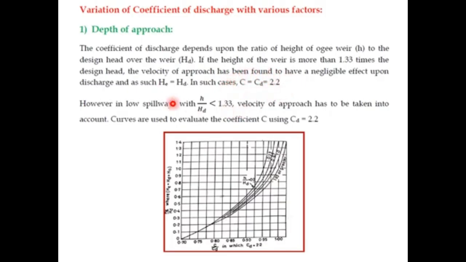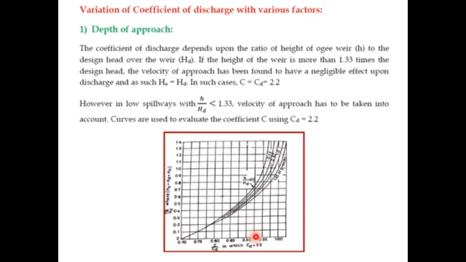However, in low spillways, when H by Hd is less than 1.33, the velocity of approach has to be taken into account. Then curves are used to evaluate the value of the coefficient C. For example, if you calculate the total energy head divided by the design head, you get for the particular value something like 0.92.